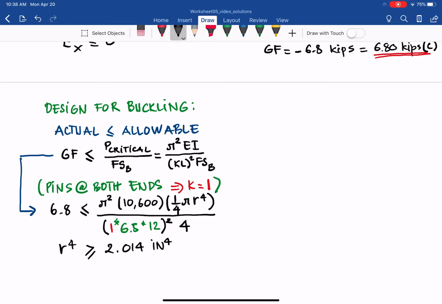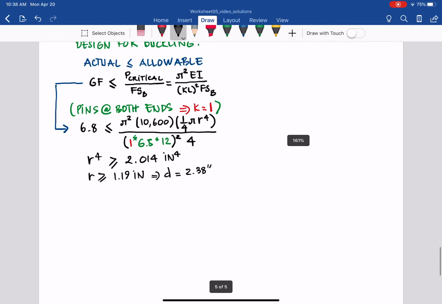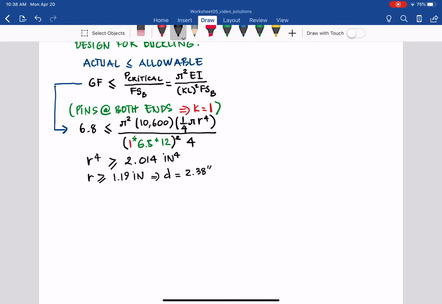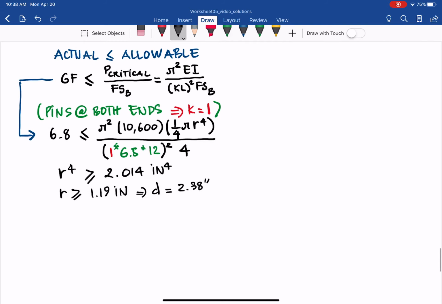From that we have r greater than or equal to 1.19 inch. And from that we can get the diameter, because the question is to determine the diameter, 2.38 inch, and we want to find the next quarter inch higher, right?